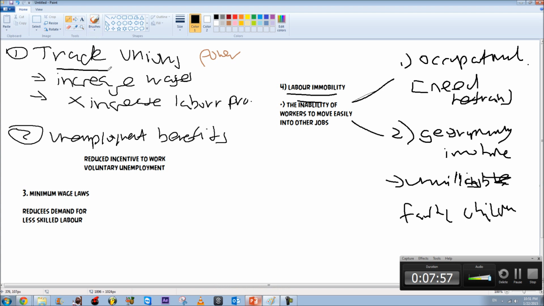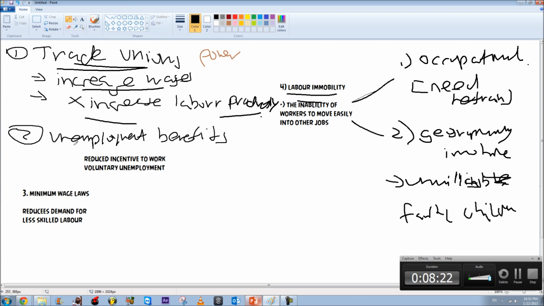Number one is trade unions, and how powerful they are, because they are able to increase wages. However, we do not see an increase in labor productivity. So the cost of the business will just keep going up. Therefore, they might decide to cut some workers.